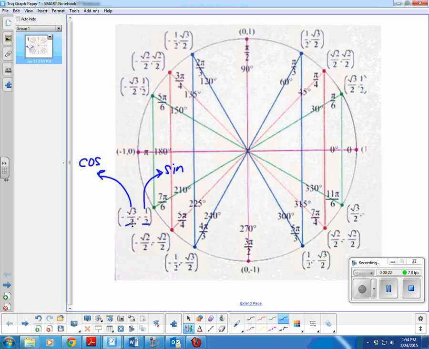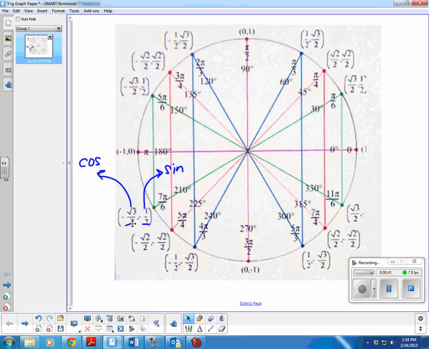Now, what I had planned yesterday, but things change, right, is I had planned for you guys to measure the distance of each angle. So we're talking about cosine, which is our x, right?